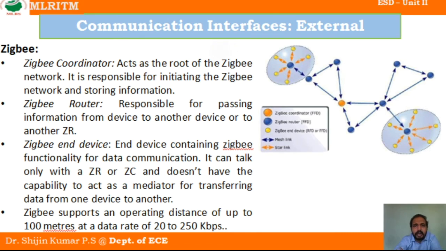Only the Zigbee router and Zigbee coordinator can route or coordinate the data or control the data. The end device can only transmit or receive. That's it. Zigbee supports an operating distance of 100 meters and the data rate is 20 to 250 kbps.